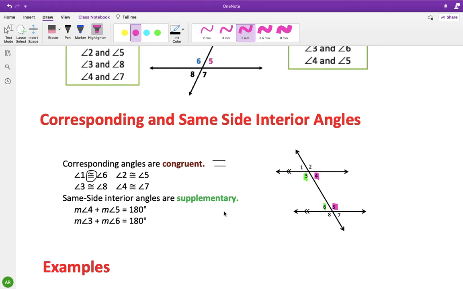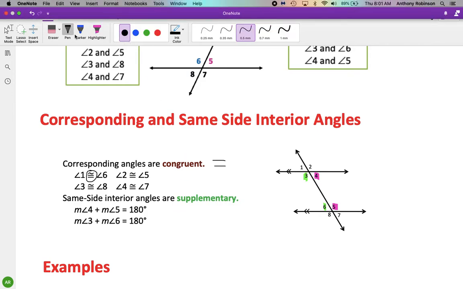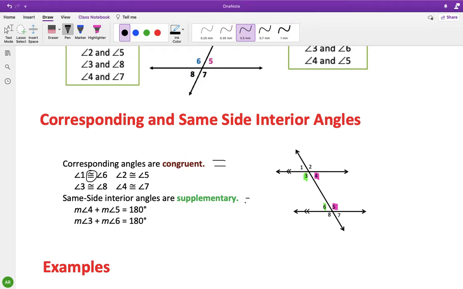Hence, same side interior angles are not congruent, they are supplementary. Supplementary just means these equal 180 degrees.